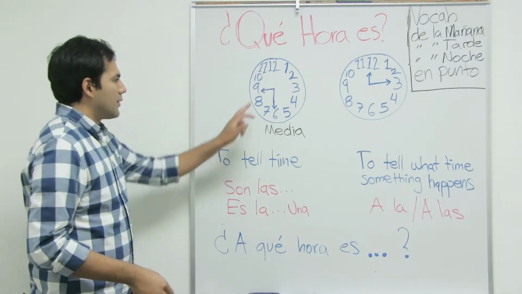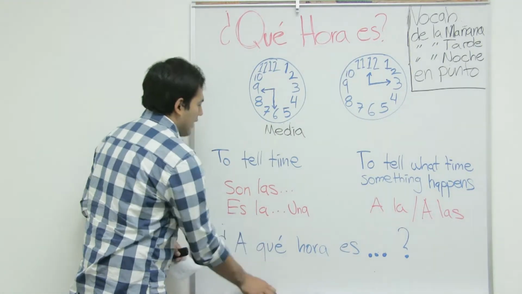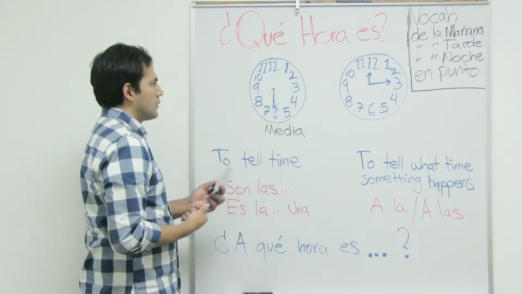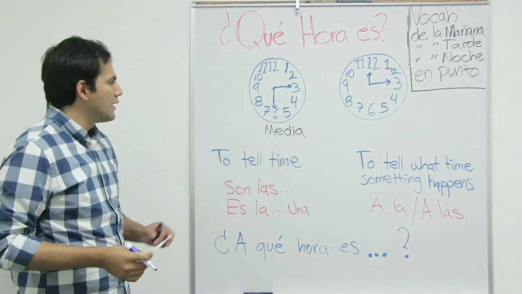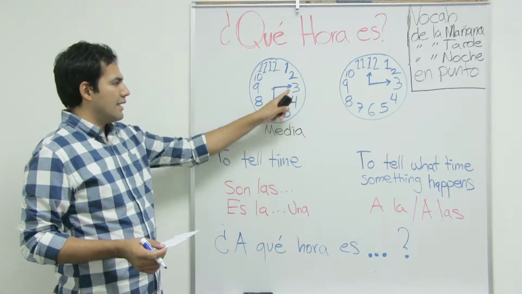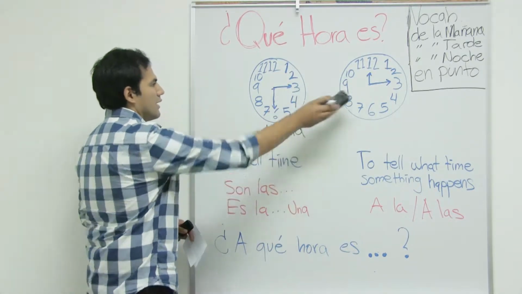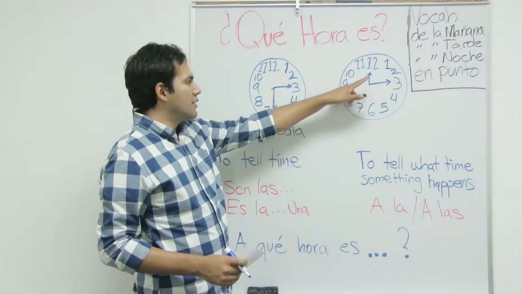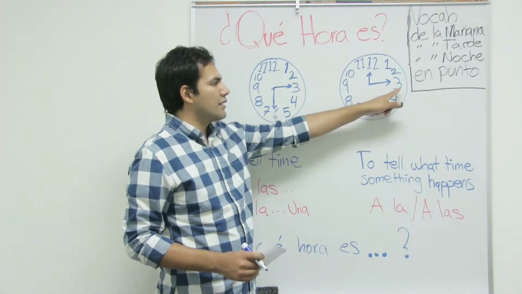Okay, so 9:30. So what if we change that to this one? ¿Qué hora es? Son las 3:30. ¿Está bien? What about that one? So this is the hour, this is the minutes. So son las 12:15.